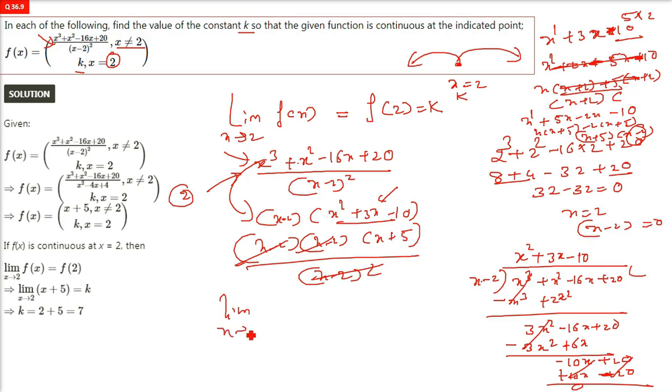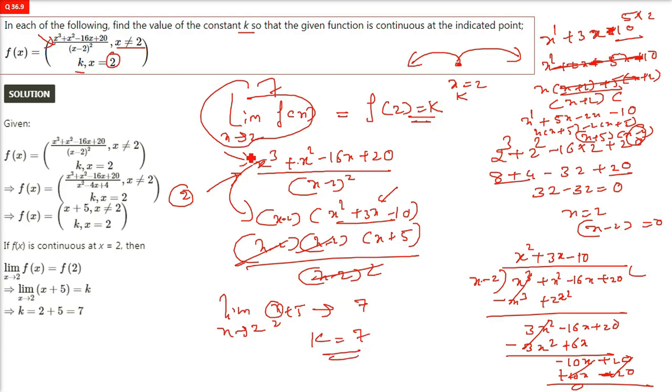Now let us apply the limit x tends to 2 to x plus 5. Applying 2 here, 2 plus 5 is 7. So the limit of this function is 7, right? Now equate it with k. So k is equal to 7. This is your answer. So let me tell you again, the main key factor is factorizing it.